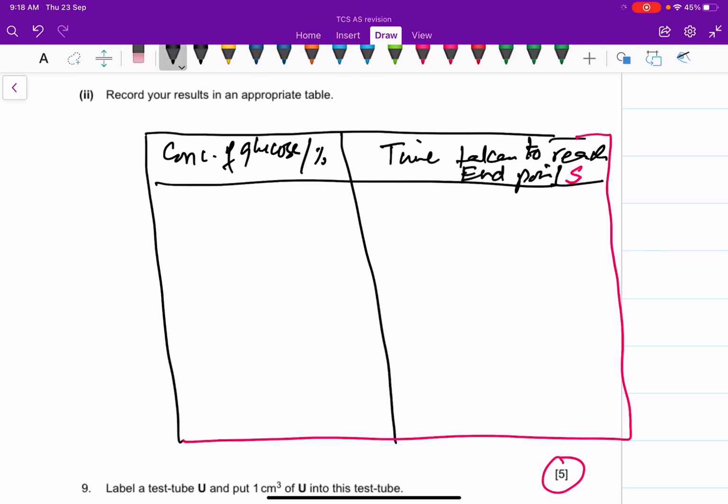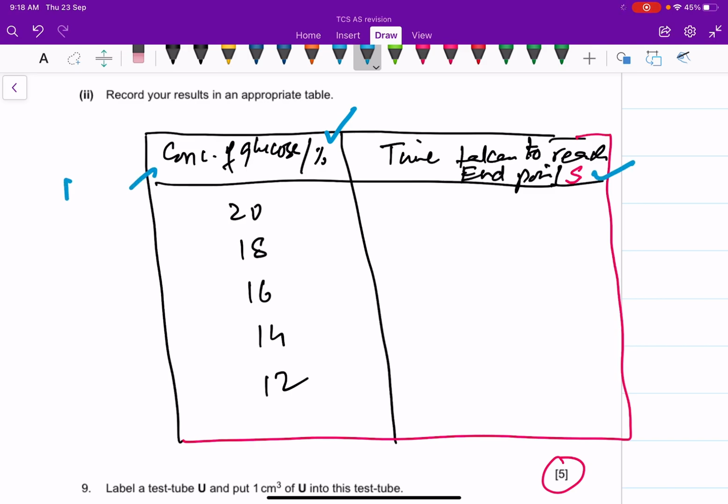Whatever the time recorded, that should be in whole seconds. So it is 20%, 18%, 16%, 14%, and 12%. No unit should be written with these values in the column. You should write the percentage in the heading and the unit in the heading.